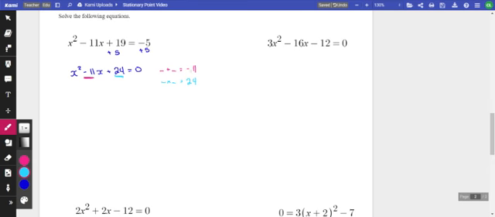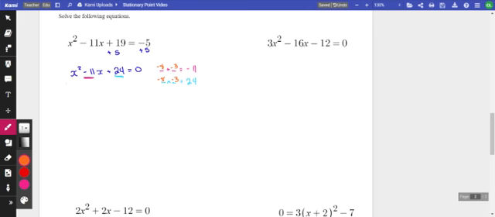So because our addition is negative and our multiplication is positive, this tells me that both of these numbers are going to be negative. Because a negative plus a negative is a negative, then a negative times a negative gives us a positive. So this will actually get us negative 8, negative 3, and again negative 8, negative 3.